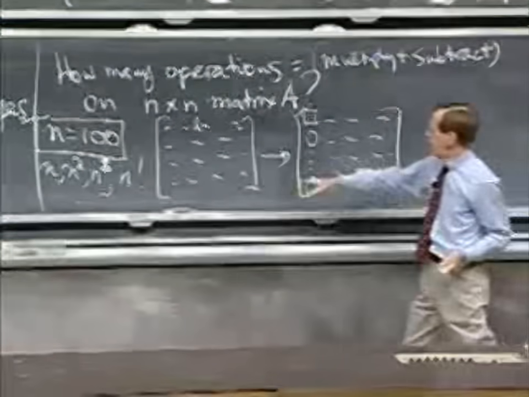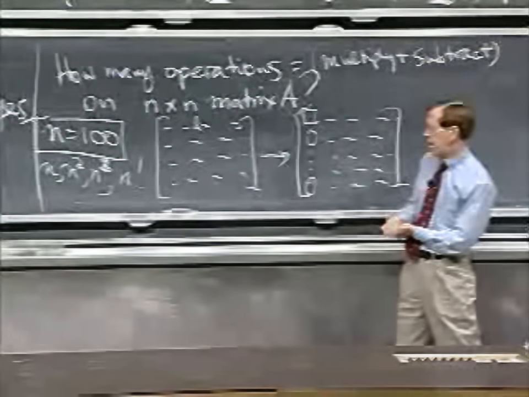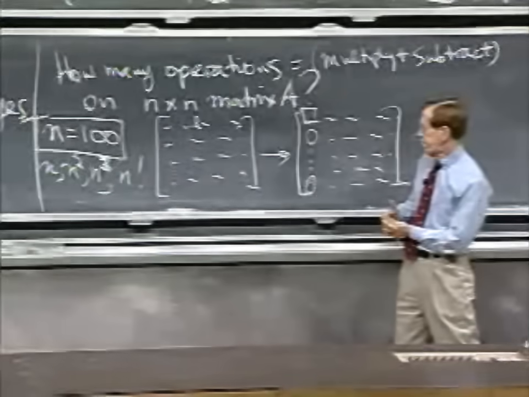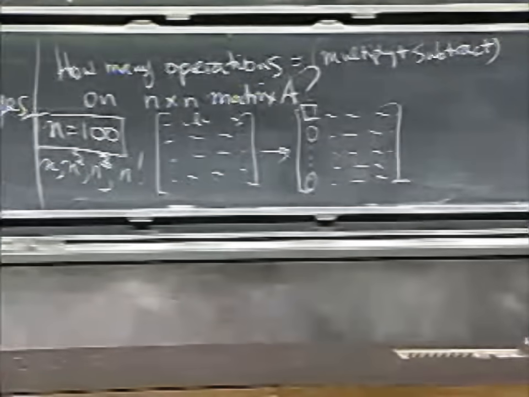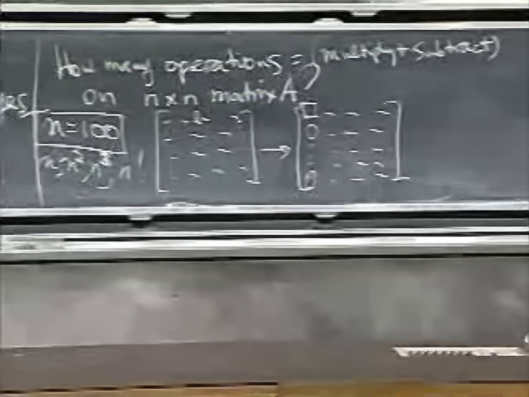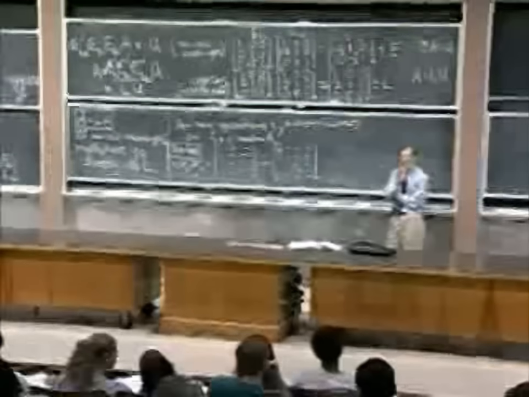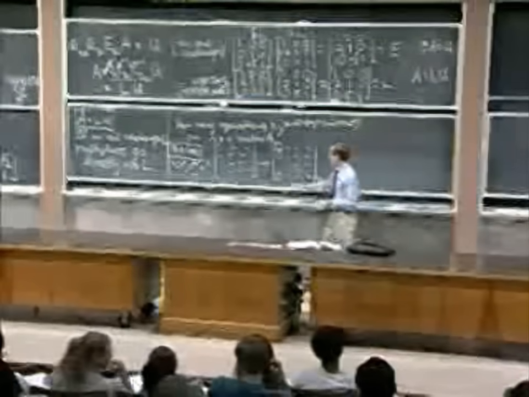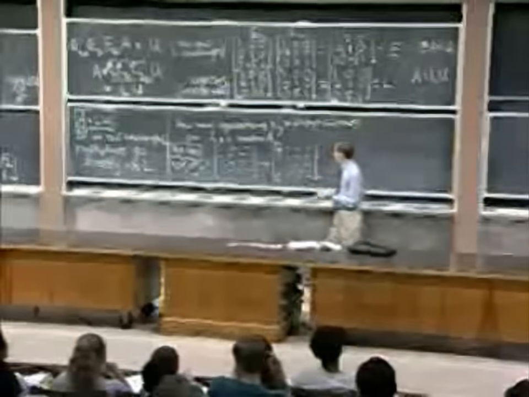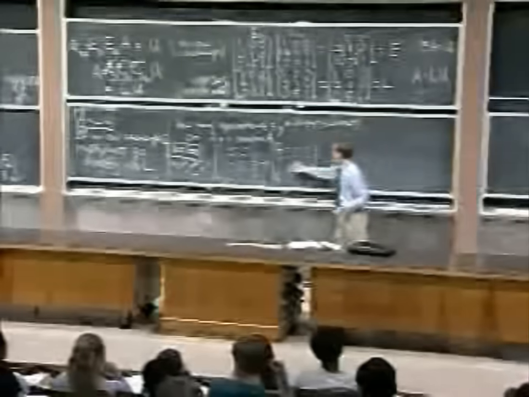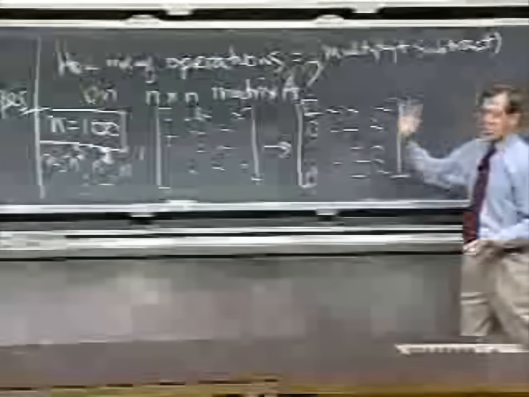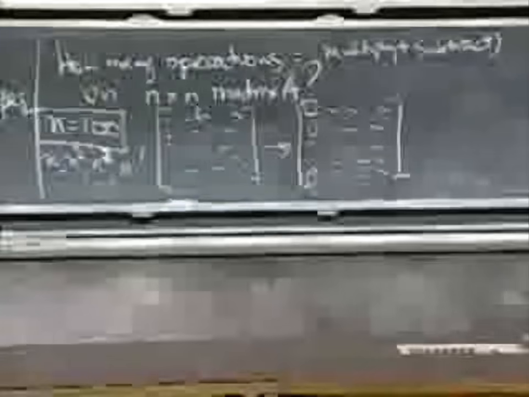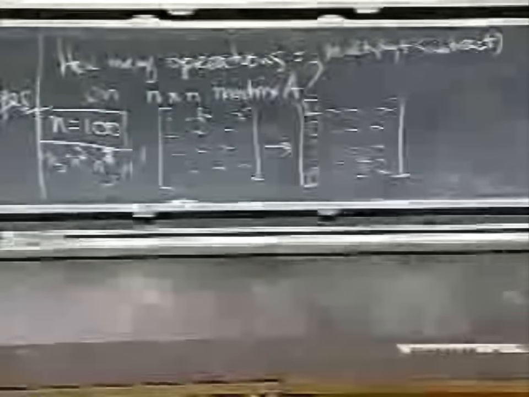So I think, let's see, well, how many roughly? How many operations to get from here to here? Well, maybe one way to look at it is all these numbers had to get changed. The first row didn't get changed, but all the other rows got changed at this step.